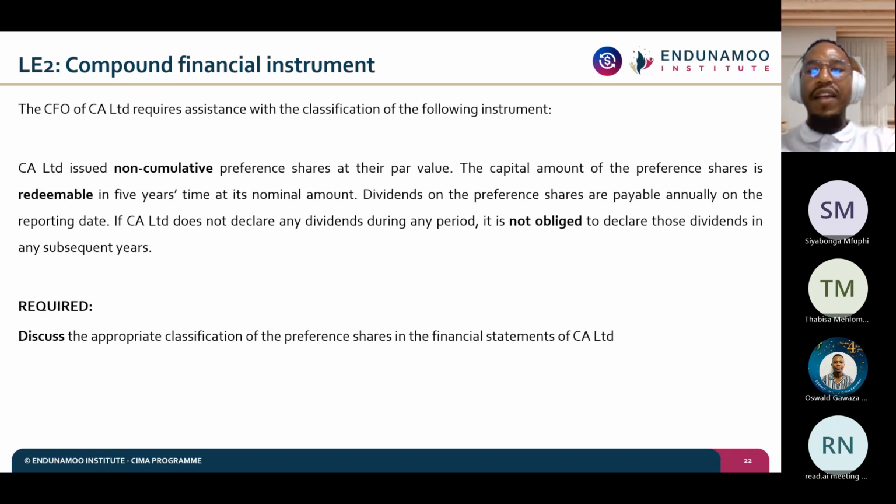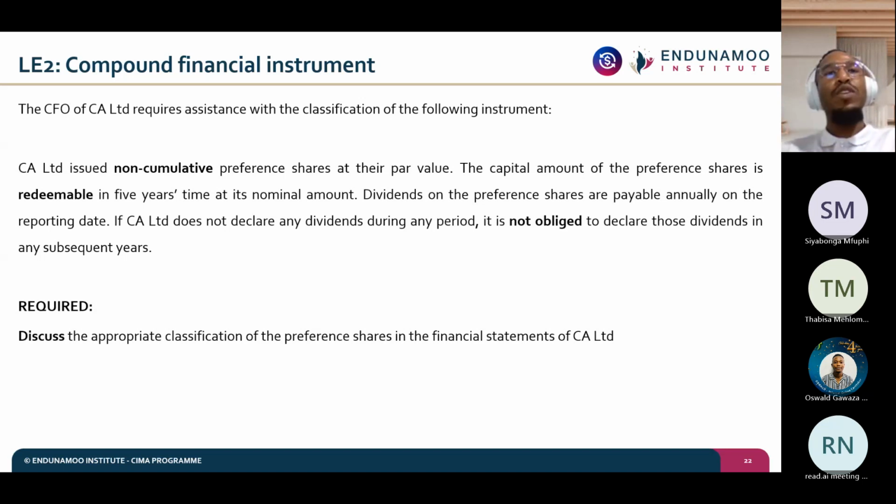Agreed, 100%. The moment that they entered into this agreement to say, you as a preference shareholder are going to deposit money into the bank account of CA Limited, and in 5 years' time, CA Limited is going to pay you back the nominal amount, that creates an obligation on CA Limited to deliver cash to redeem the preference shares at the end of 5 years.